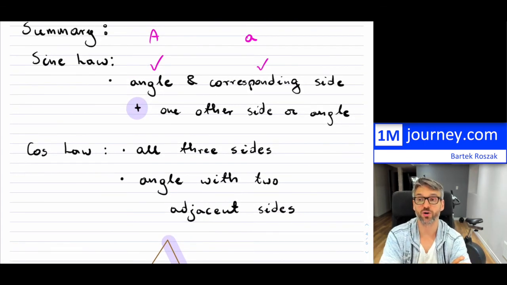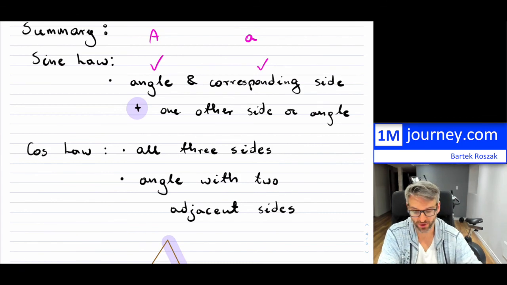It's good to know when you can and when you cannot use them. This is a comprehensive idea, so that if you are going to be applying it in grade 10 to some applications, you can see for yourself which one am I going to use, sine law or cosine law? Or maybe I just can't apply them at all.